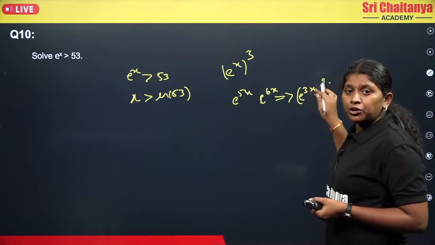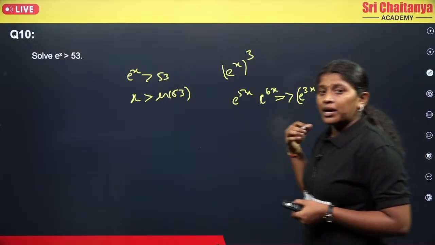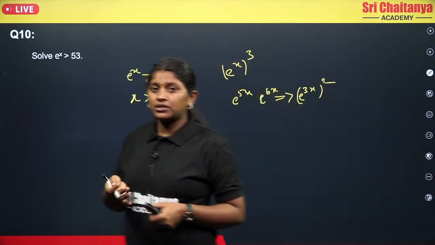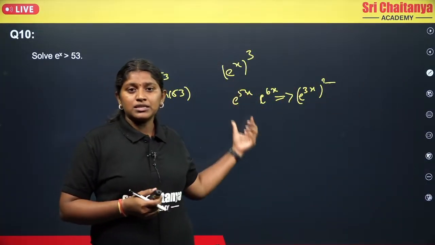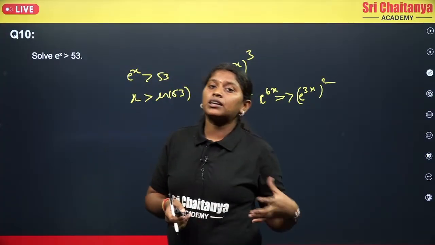Where e to the power 3x will become your t. So mostly by using the substitution method, you can get the equations in a simple form. From there you can get the values of x that are required.